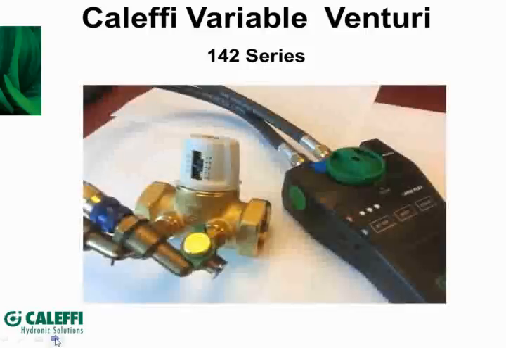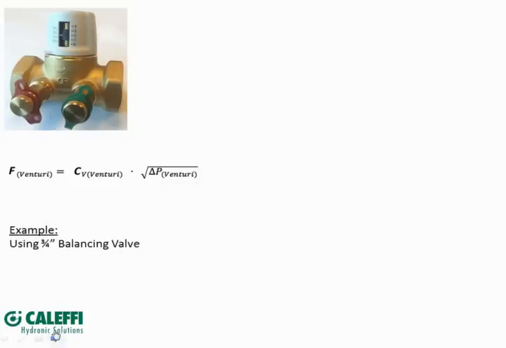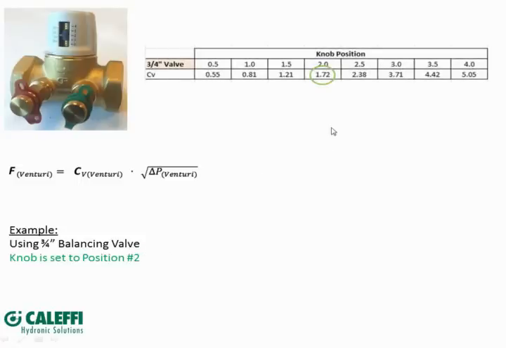So let's take a look at the slight difference in procedure for balancing using this type of balancing valve. We'll use our same formula. That doesn't change. The rules of hydraulics, of hydronics, don't change. And we're also going to use a 3/4 inch balancing valve like we did in the fixed Venturi example. One variable is that we have to know, by way of where our knob position is, what the CV value is.